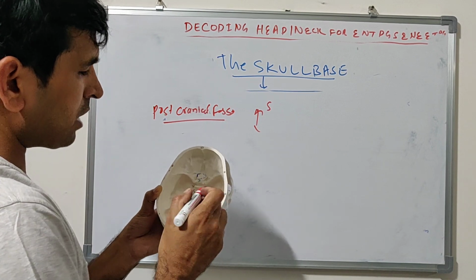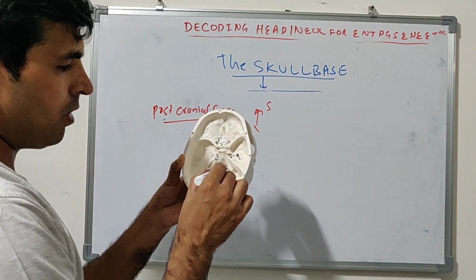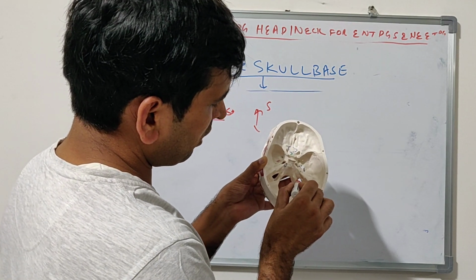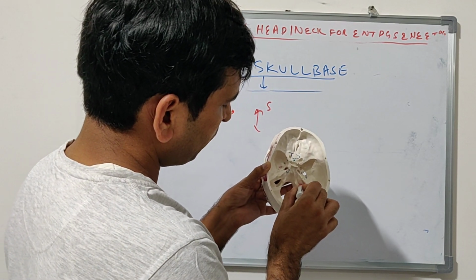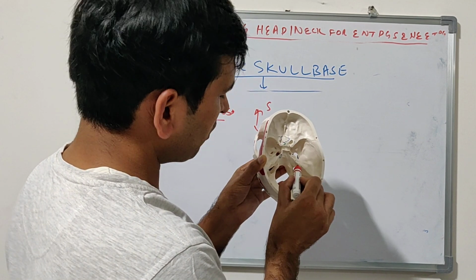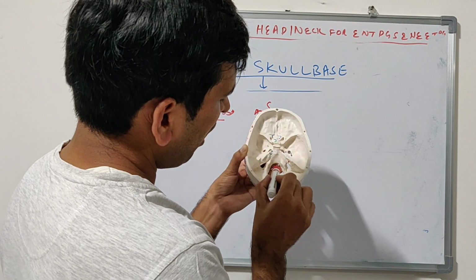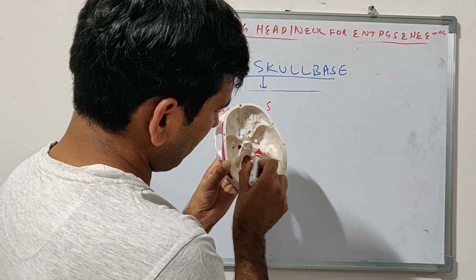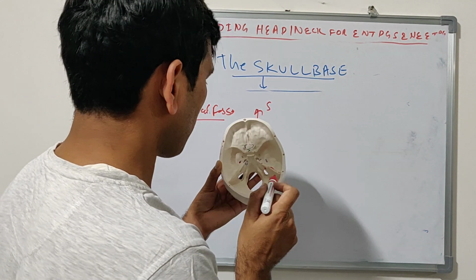In between is the large foramen called foramen magnum, and here you can see the second largest foramen, the jugular foramen, and above this a small foramen called the internal acoustic meatus, and here the superior petrosal sinus ridge. Above this is the petrous temporal bone.